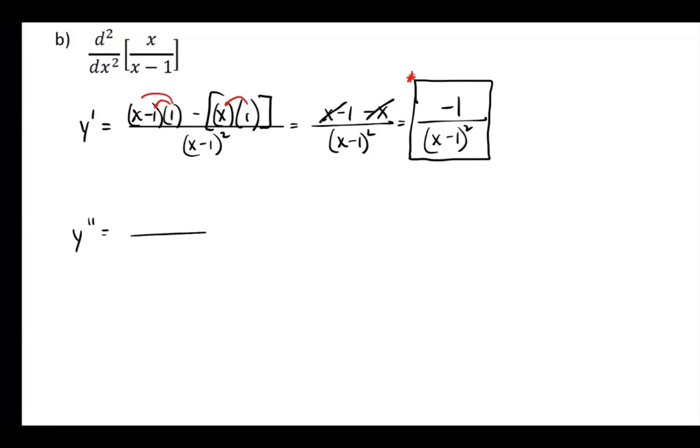Okay, so let me see. So I have x minus 1 squared, so in other words, it's x minus 1 to the fourth power. Instead of writing it double like that, I'm just going to write it to the fourth power.